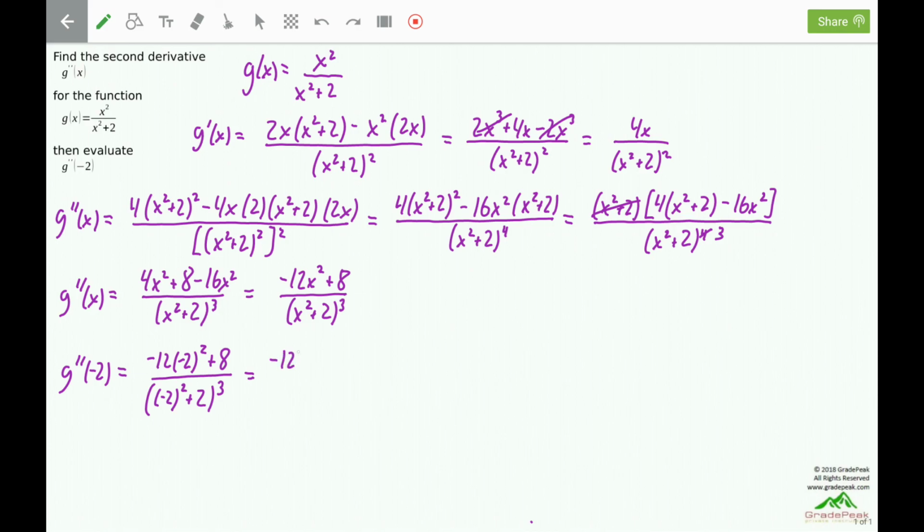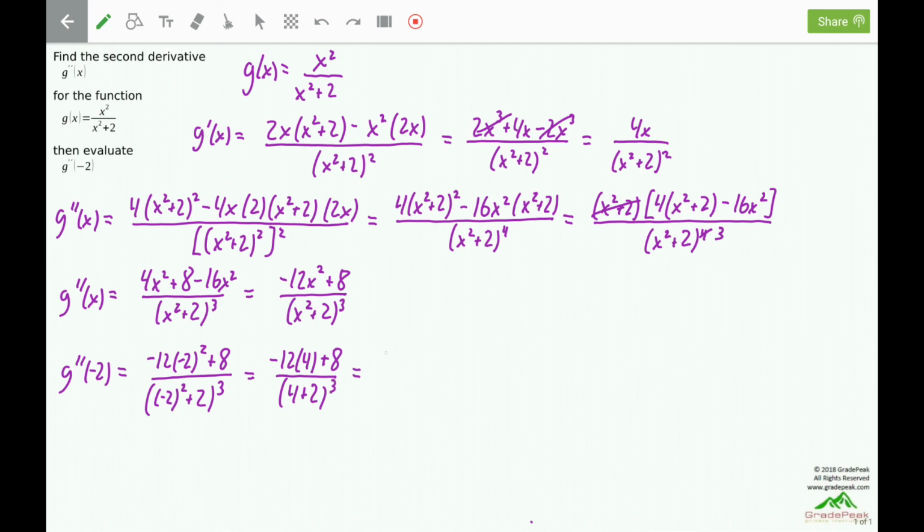So we have negative 12 times negative 2 squared is a 4 plus the 8 all over negative 2 squared is a 4 plus a 2, and then cubed.